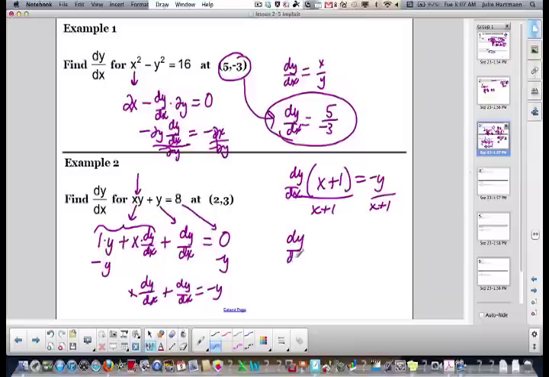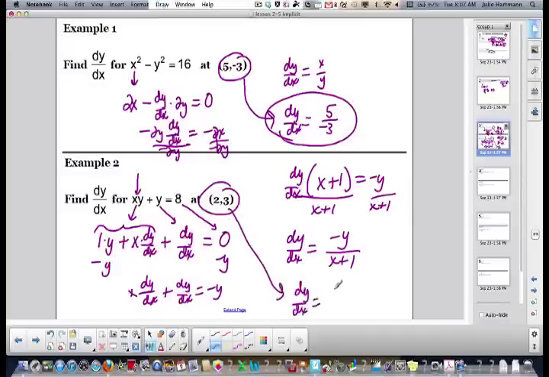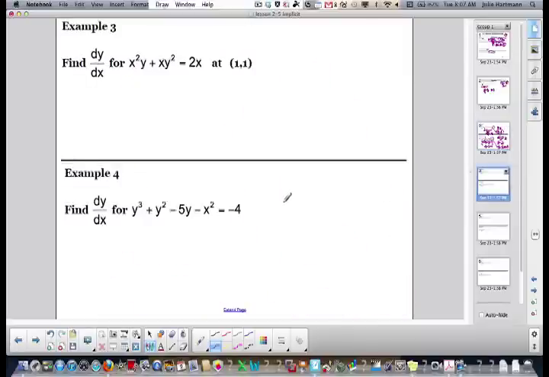So dy/dx equals negative y divided by x plus 1. At the point (2, 3), we plug that in. Your derivative equals negative 3 over 2 plus 1, that's negative 3 over 3, which is negative 1. So your slope there is negative 1. Hopefully this is making sense, but we'll do some more examples.